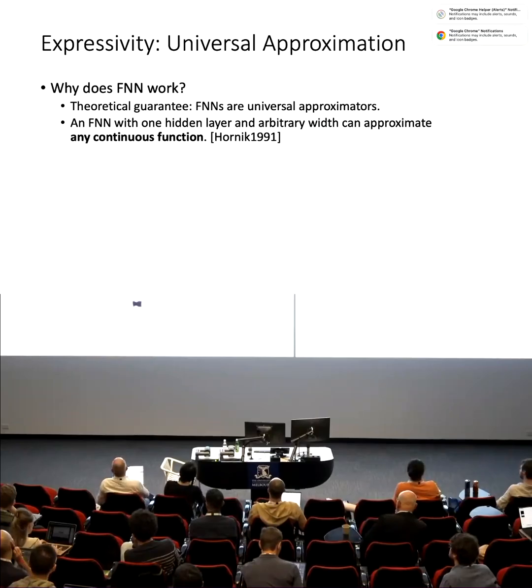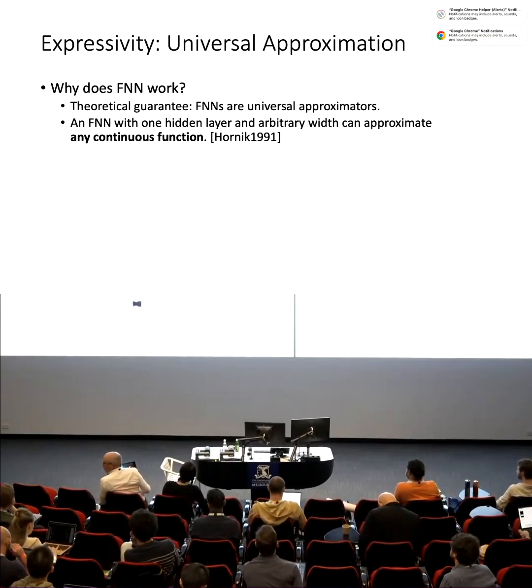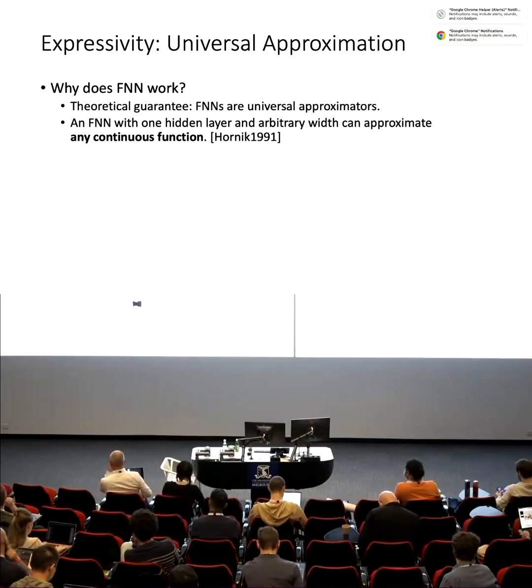One of the reasons is that it has a theoretical guarantee showing that FNNs are universal approximators. The universal approximation theorem tells us there always exists an FNN with one hidden layer and arbitrary width that can approximate any continuous function. That tells us the expressivity of the FNN.